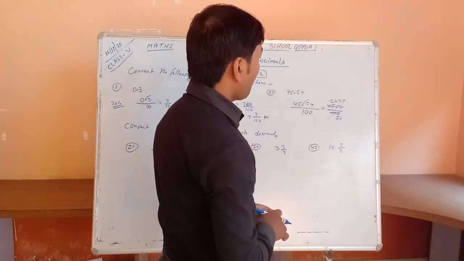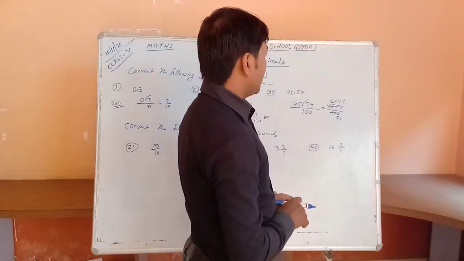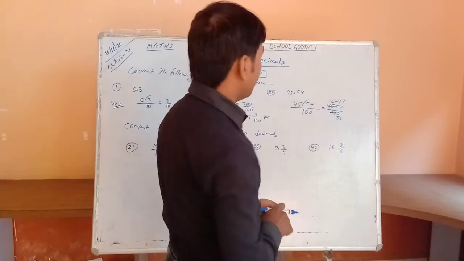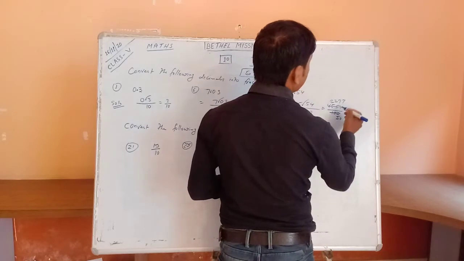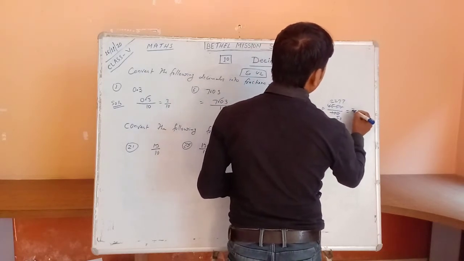Can any other number cut it? If there is nothing, I think it can't. So 2277 by 50.